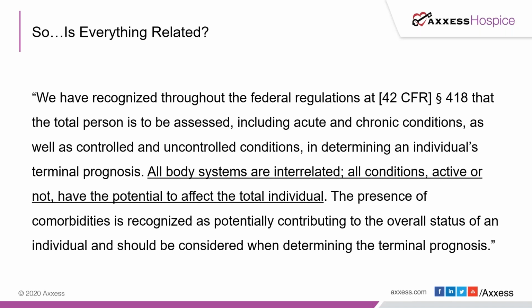All body systems are interrelated. All conditions, active or not, have the potential to affect the total individual. The presence of comorbidities is recognized as potentially contributing to the overall status of an individual and should be considered when determining the terminal prognosis.